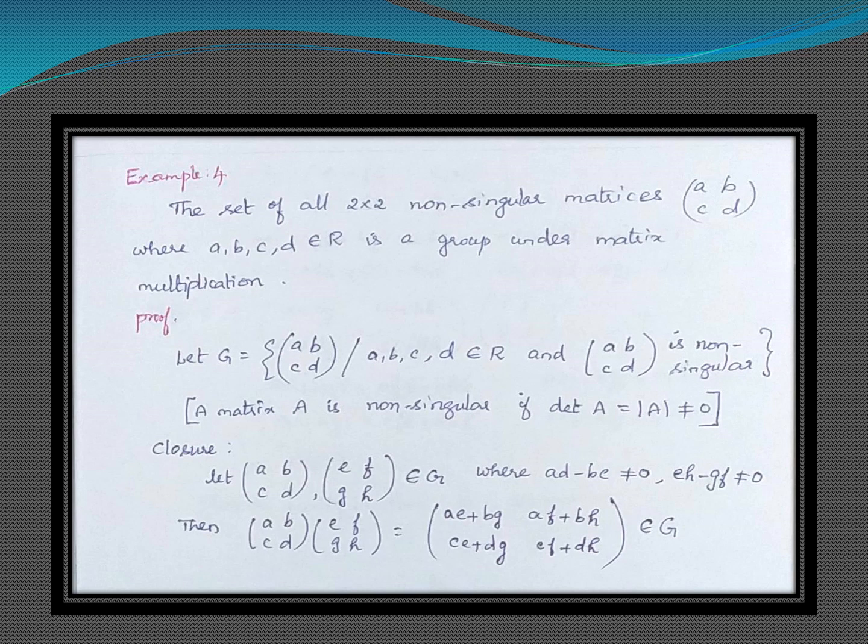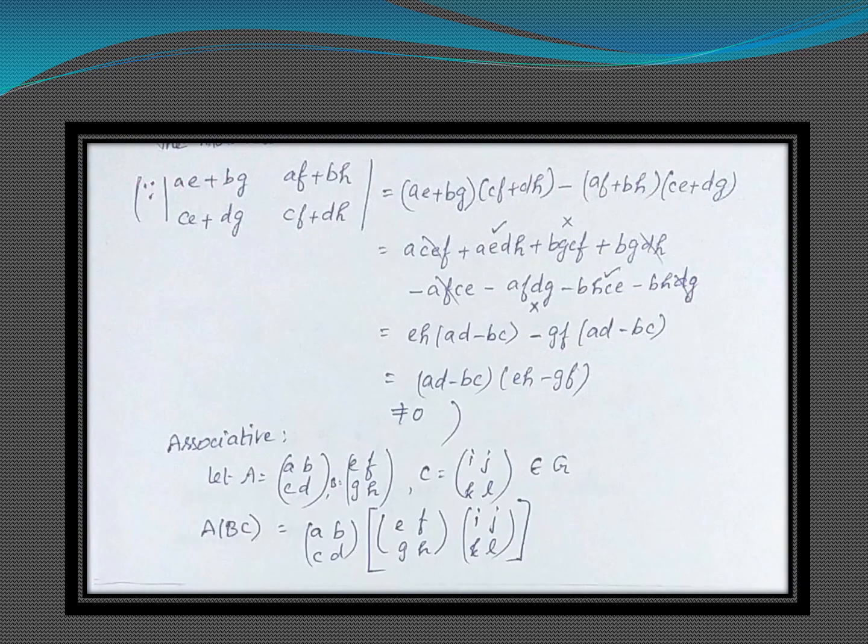Then, already AD minus BC is not equal to 0 and EH minus GF is not equal to 0. Now we are going to find the determinant of the multiplied matrix, that is the determinant of AE plus BG, AF plus BH, CE plus DG, CF plus DH, equal to AE plus BG into CF plus DH minus AF plus BH into CE plus DG.